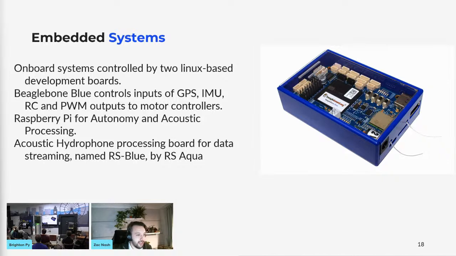But essentially what that does for us is it takes the inputs of all these sensors. It has an IMU built in, but it has the PWM outputs that go to the motor controller to control the propellers. It has the GPS, has the IMU, and connectivity to the radio controller, the remote controller, sorry.